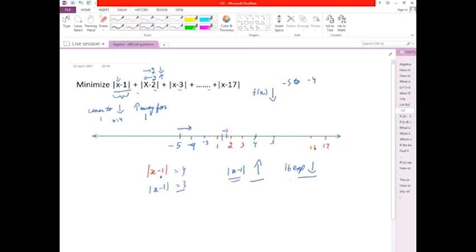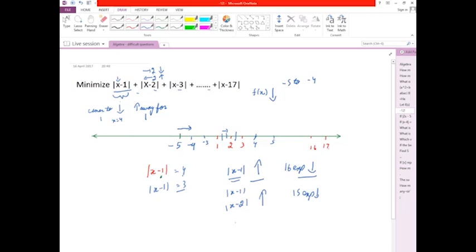The expression overall is definitely decreasing. I cross 2 and now move towards 3. If x is equal to 2.5 or 2.7, mod x minus 1 and mod x minus 2 have started going up because I'm moving away from 1 and moving away from 2. The distance of both is increasing, while the other 15 expressions are still decreasing because I'm moving towards them. At what point does it start getting balanced?